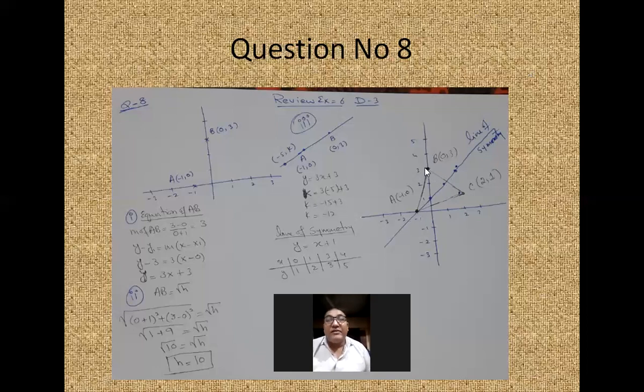And remember my words, I'm saying from B come perpendicularly, means the line coming from B should make a 90-degree angle with this line of symmetry. And whatever is this distance, the same distance you go below this line of symmetry in the same direction. This should be perpendicular to the line of symmetry, okay? So the distance here, same distance should be here, and you will find the point C.